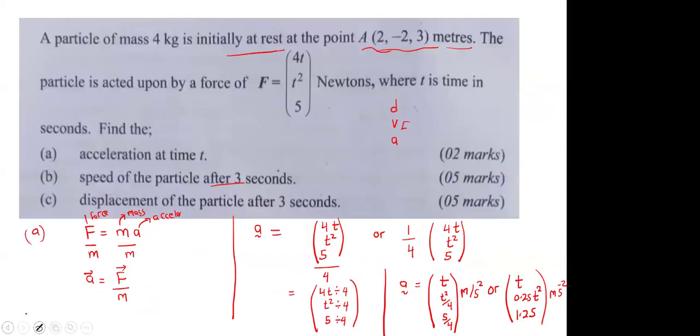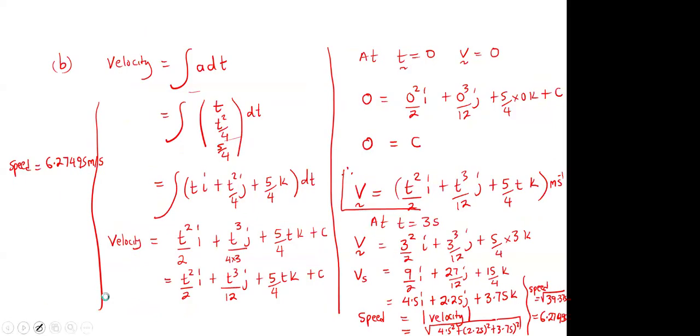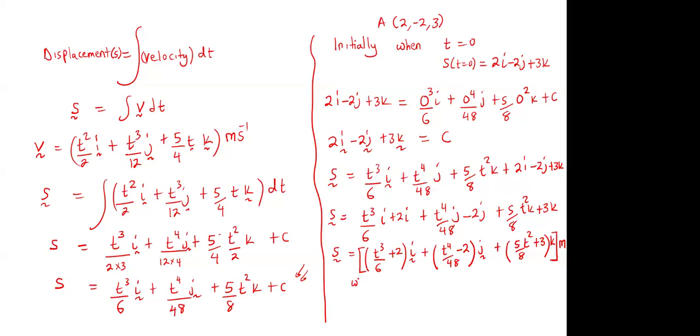Our interest is to find the displacement of the particle after 3 seconds. So when t is equal to 3 seconds, you substitute. S is equal to (3 cubed over 6 plus 2) i plus (3 to the power 4 over 48 minus 2) j plus (5 over 8 times 3 squared plus 3) k.